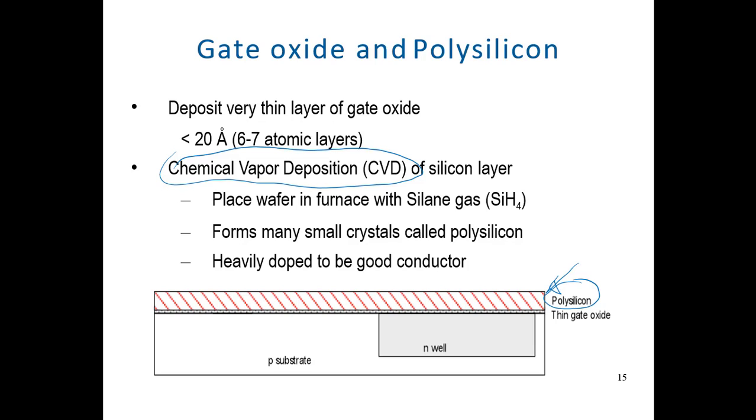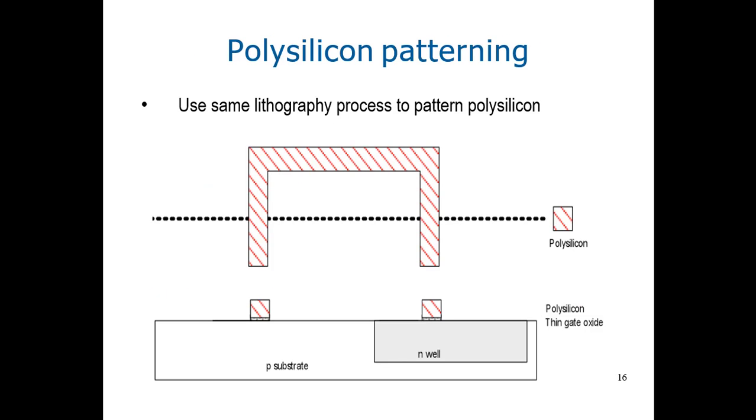So why are we studying this material? Because we want to see where we can optimize these three things. Okay, so the next one is the polysilicon. You apply the polysilicon mask. So this is the polysilicon mask, and again you put the UV light.